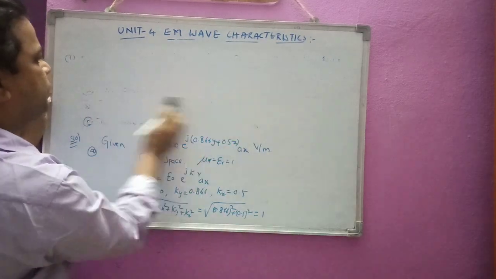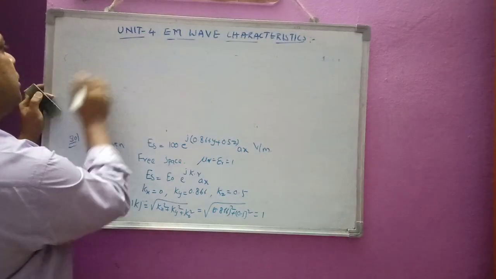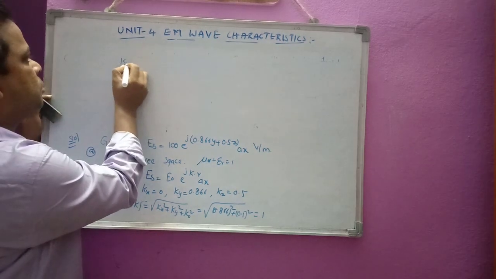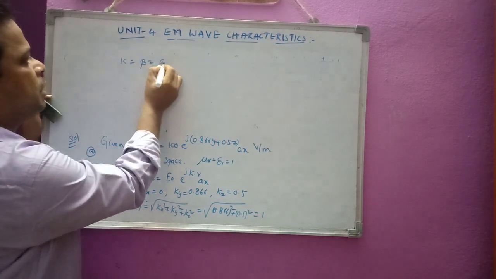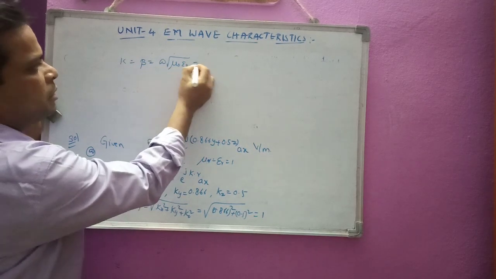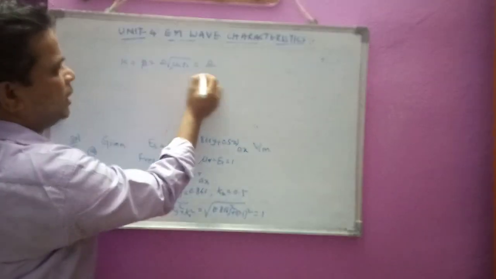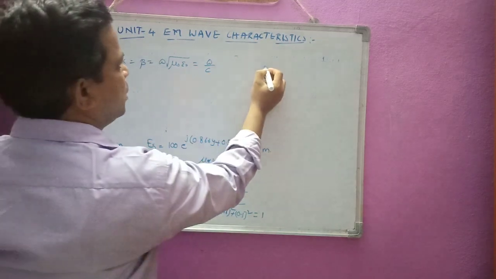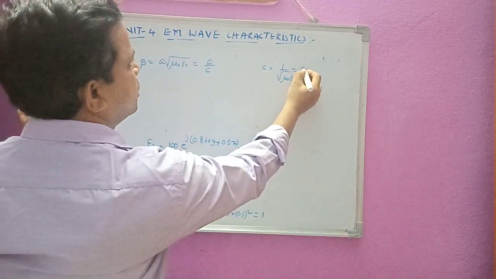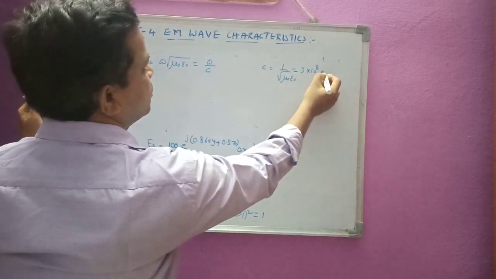And now in free space, the condition we know is that k is equal to beta is equal to omega root mu naught epsilon naught, that is equal to omega by c, where c is equal to 1 by square root of mu naught epsilon naught, which we know is 3 into 10 to the power of 8 meters per second.